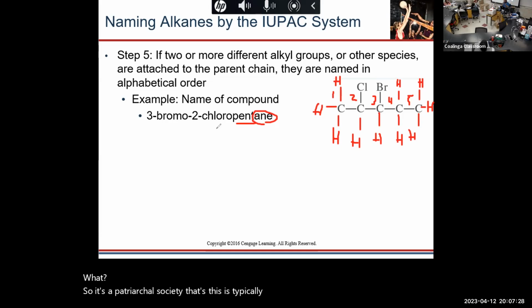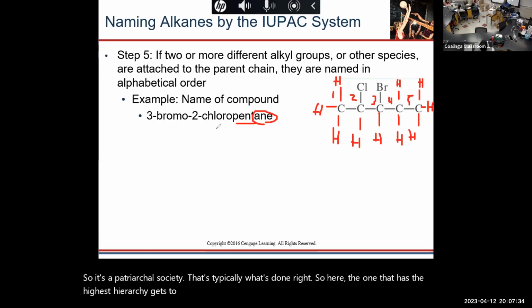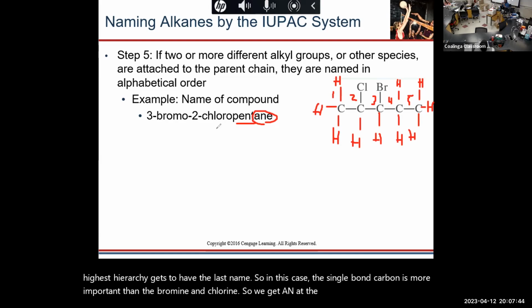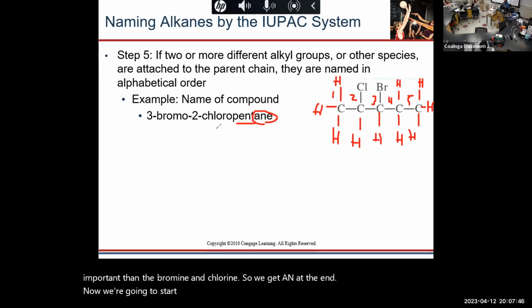So here, the one that has the highest hierarchy gets to have the last name. In this case, the single bond carbon is more important than the bromine and chlorine, so we get the amine at the end.